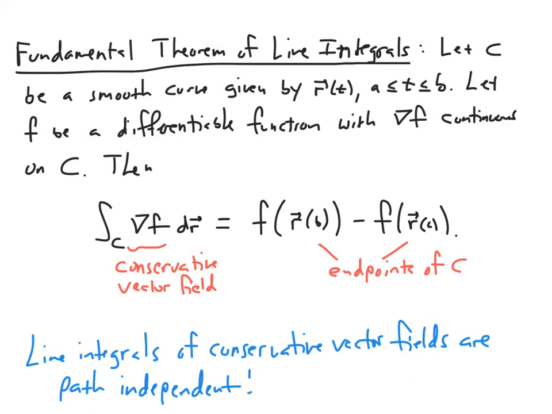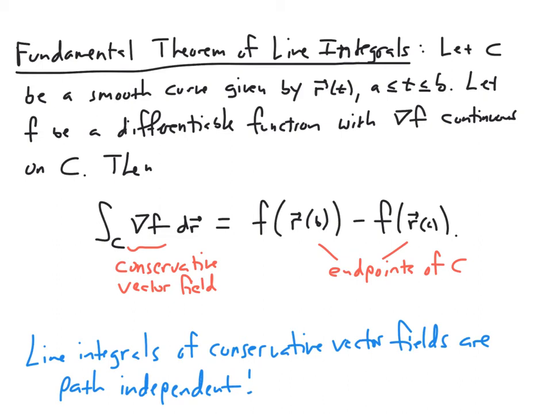And so if we know our vector field is conservative, then finding the line integral over any curve really just amounts to knowing where the curve starts and where the curve ends, and being able to evaluate the function f, the potential function, at those particular points.